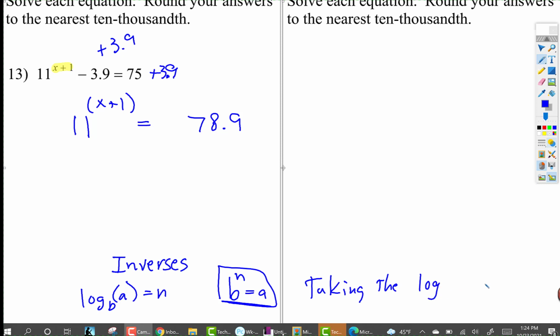When we do this, you can just use ln instead of log. But just for right now, I'm going to take the log of both sides. And when there's nothing there, that's the invisible base 10.